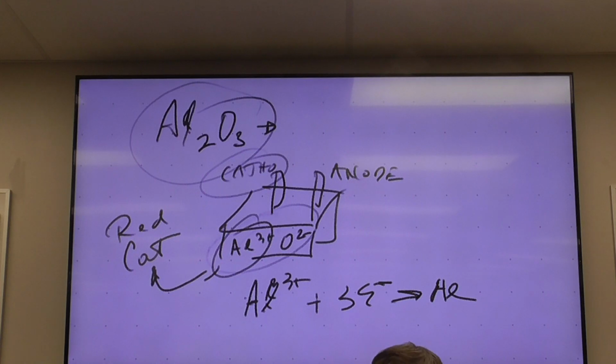So this is one way that you can get elemental aluminum. Now, unfortunately, this is horribly energy intensive because you've got to heat up the aluminum oxide to the point that it turns into basically a liquid. And because this is a non-spontaneous reaction, you have to force electricity into the system to make this happen. So this is not a cheap way to make aluminum.